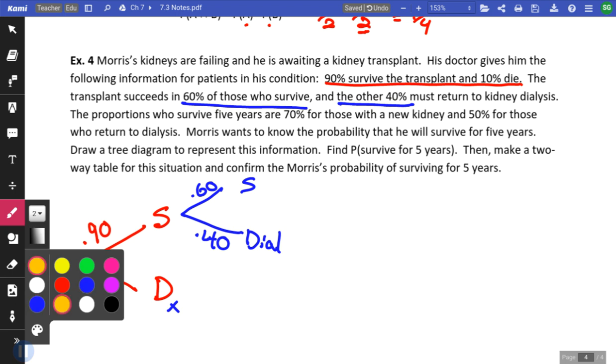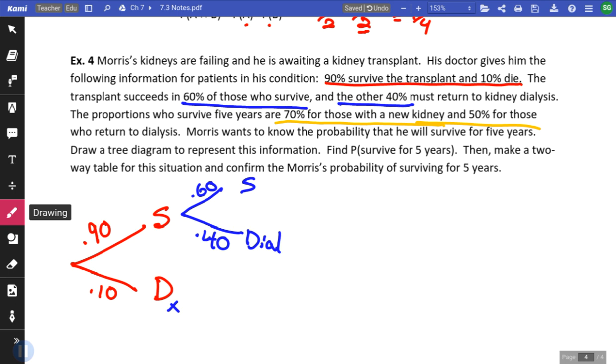Then the proportion who survive for 5 years is 70% for those with a new kidney and 50% for those who return to dialysis. So this is the new kidney path up at the top. 70% of the people who have a new kidney survive 5 years, which means the other 30% didn't survive 5 years, because these have to add up to wholes.